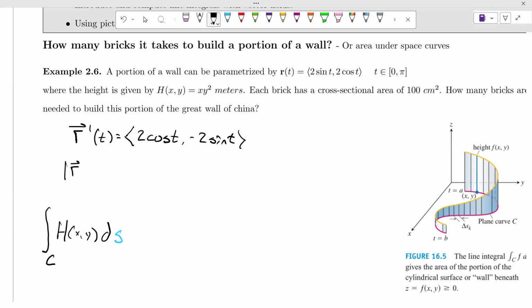So now let's go get the magnitude of that vector, which is not a vector anymore. Magnitudes are scalars. This looks like the square root of 4 cosine squared of t plus 4 sine squared of t. Put a hat on my square root. And then this thing simplifies rather nicely to just 2.